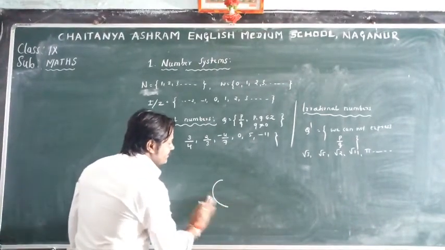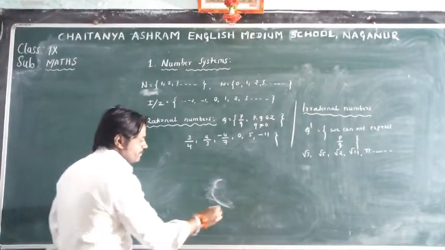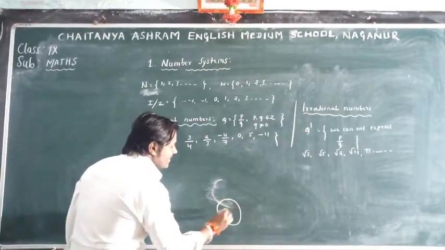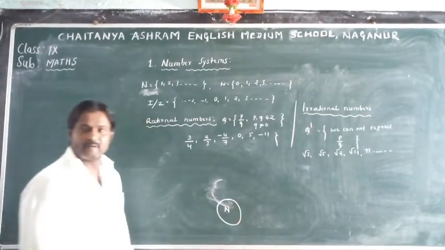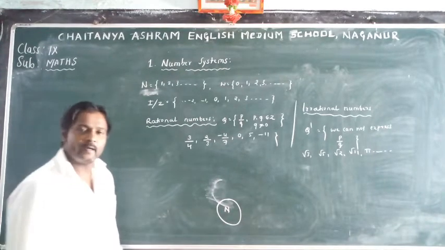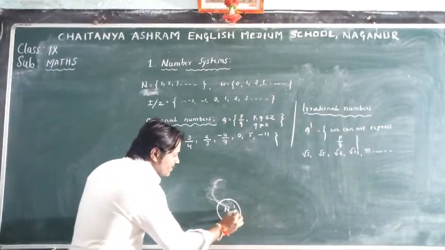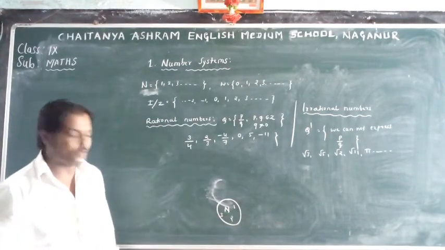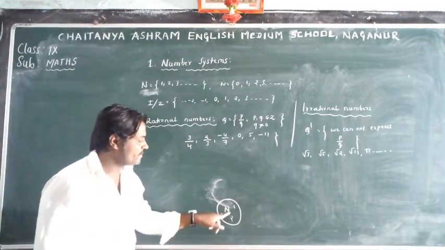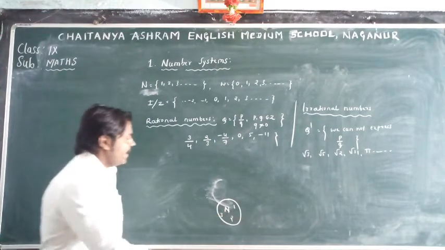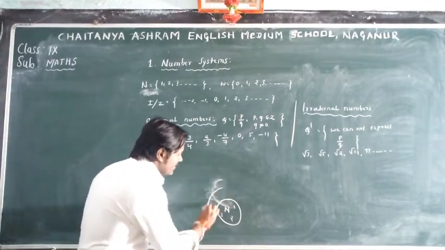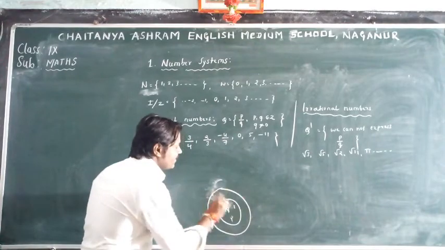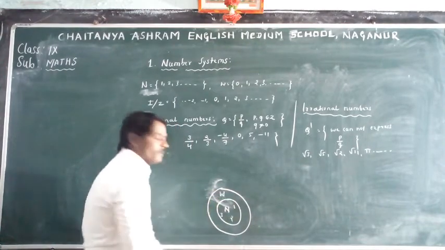See the diagram. This is the set of natural numbers. Natural number means counting numbers. The numbers which we are able to count are called natural numbers. And consider this is the set of whole numbers.